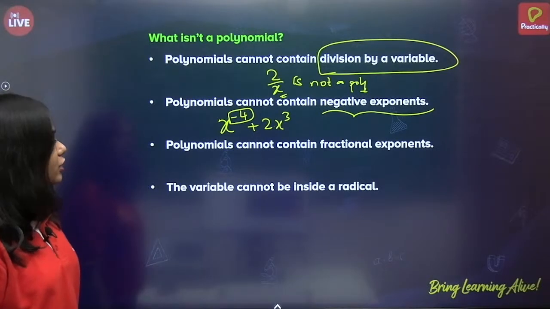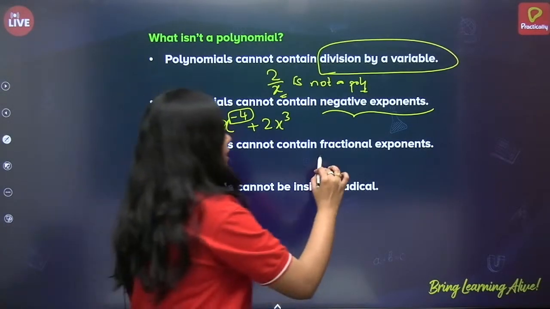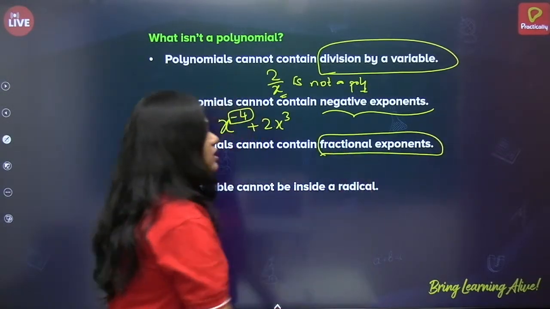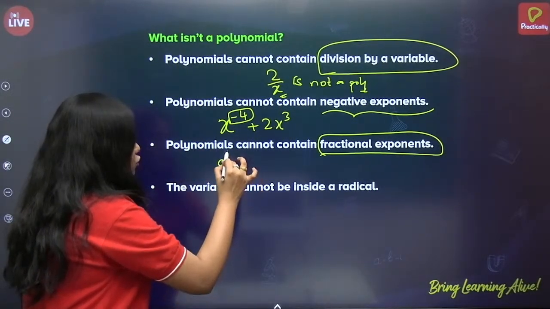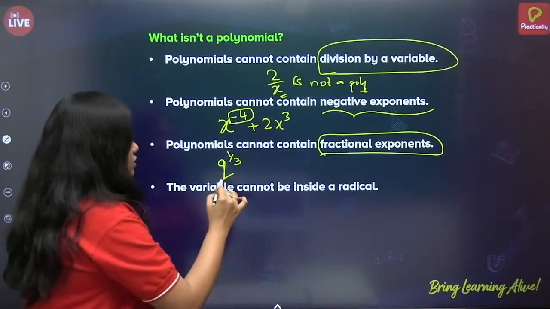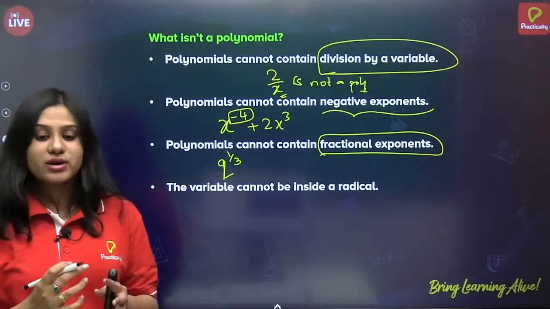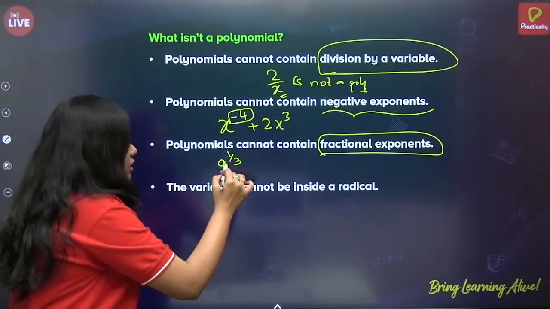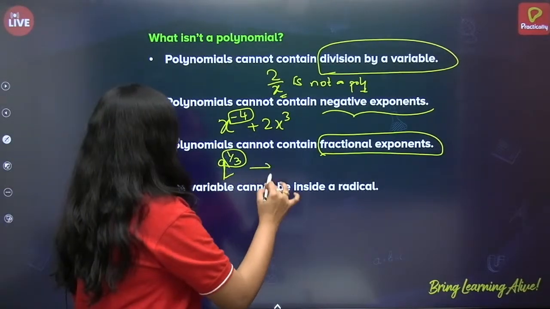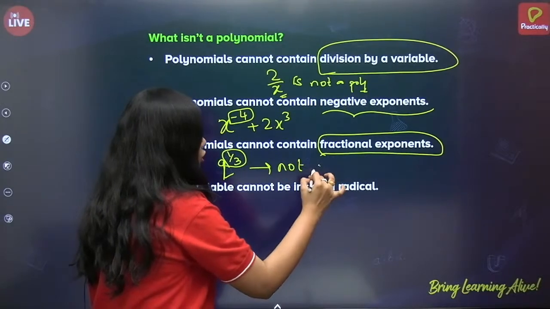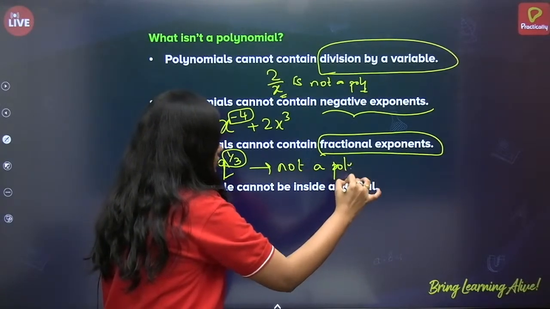Next, polynomials cannot contain fractional exponents. Let us take q power 1 by 3. What does it tell? The exponent is a fraction, correct? So this is also not a polynomial.